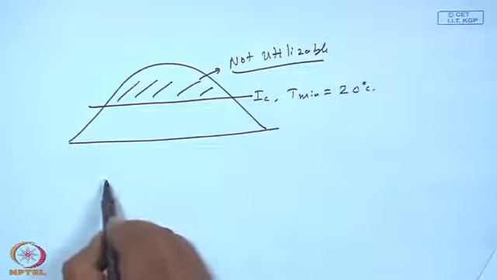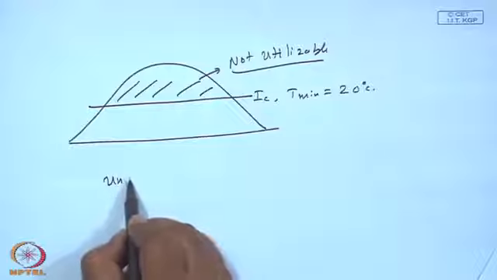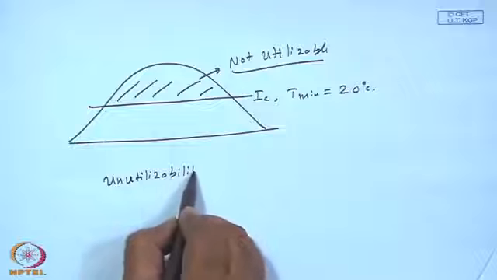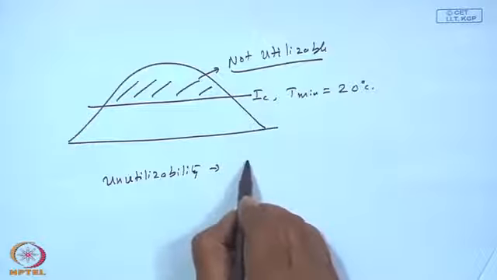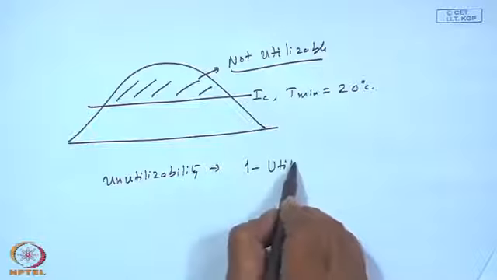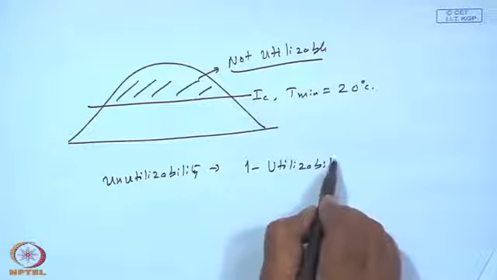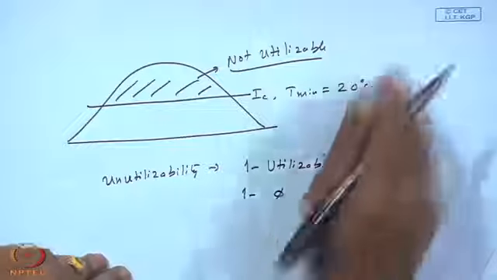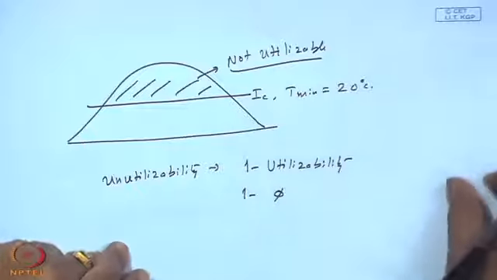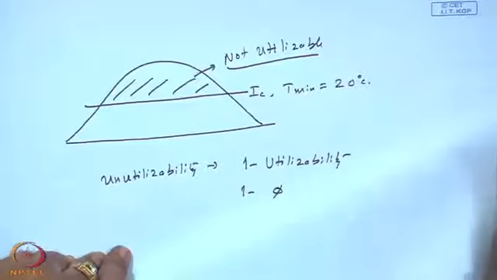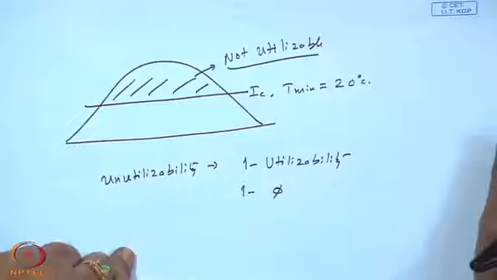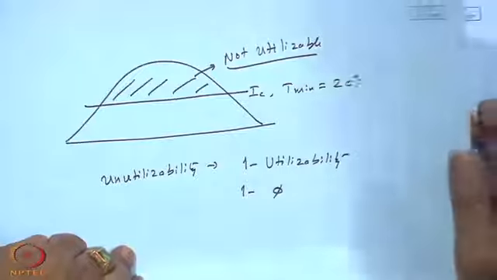So, my unutilizability is 1 minus utilizability. On any time scale, if phi is hourly utilizability or for a day or for a monthly average day, then 1 minus phi will be the unutilizability. In other words, the solar radiation above a certain level is not useful in heating my room.